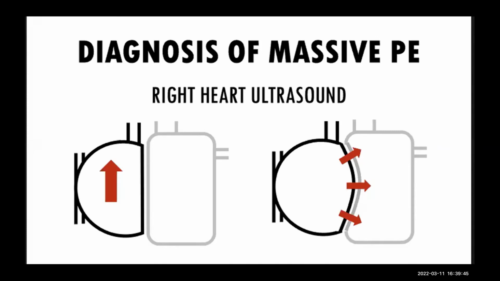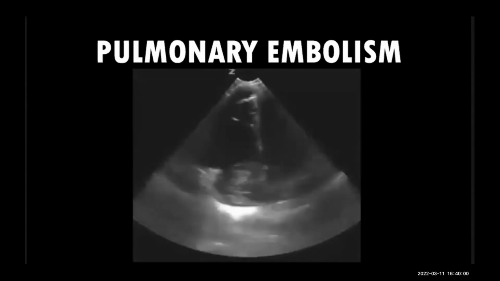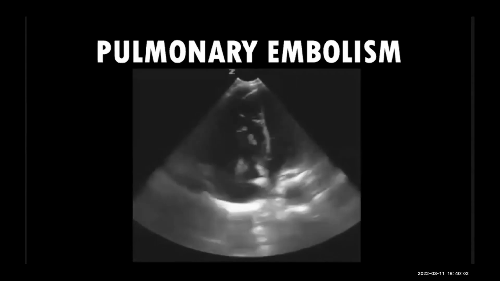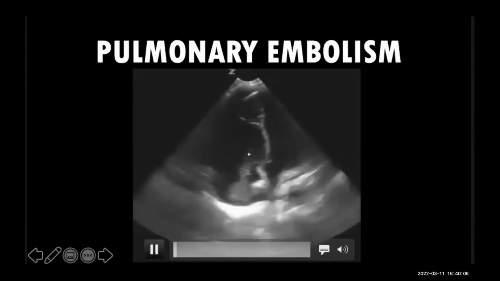So we use these two things and we see the stress on the heart and we weigh that into how we make the empiric diagnosis during cardiac arrest. So let's kind of put a couple of these together when we have that undifferentiated cardiac arrest patient and we're trying to decide what to do. So here's an amazing ultrasound. What we have here is the RV on the left side, of course, to make it confusing. It is dilated.